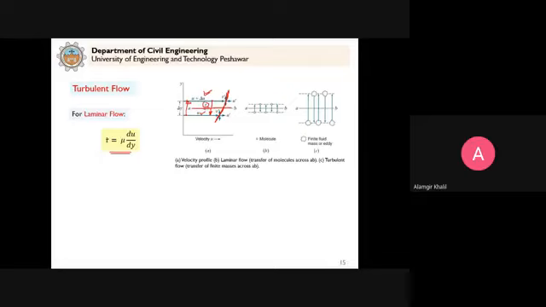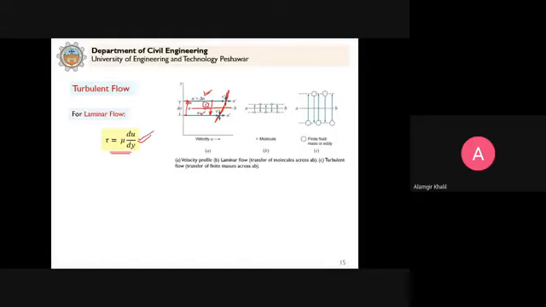You remember, we can calculate tau naught, and then we can calculate tau at any radius r from the center of the pipe, correct? So we use that equation. And now we are exploring how to calculate this shear stress in case of turbulent flow. So for laminar flow, you use this equation to calculate the shear stress.